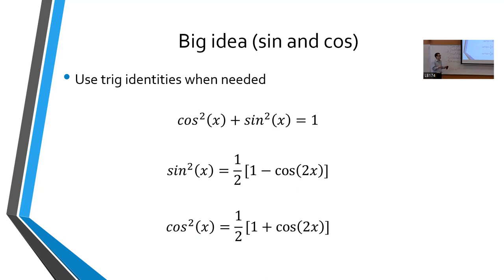You might get a cosine squared again, and you might do another exchange. And you do that all the way down until you get to single powers of cosine and sine. And it might be cosine and sine of 8x by the time you double the angle a few times.